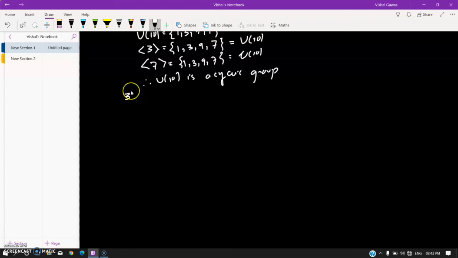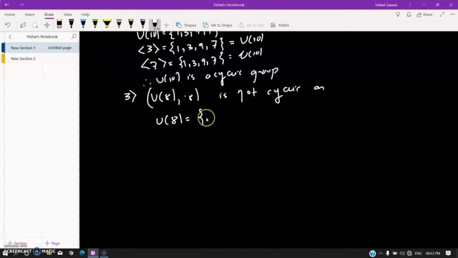Let's take example 3. U8 with multiplication modulo 8 is not cyclic. What is U8 first of all? This is {1, 3, 5, 7}, and every element has order 2. The identity 1 would never generate anything more. Remember, 1 is the identity here as in multiplication, not as in addition.